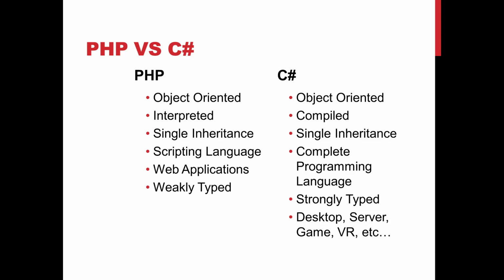With C#, it's compiled. That means the code that you write is turned into a runnable program, an executable file, or a DLL that can be distributed to people to include as a library without revealing the source code.